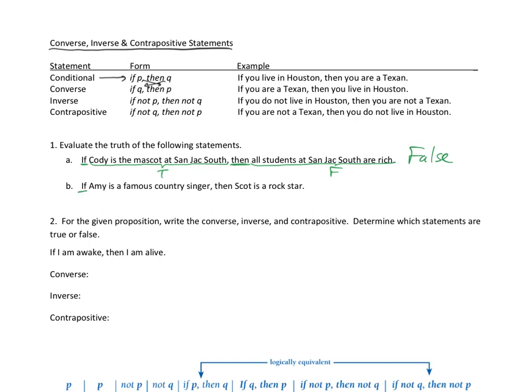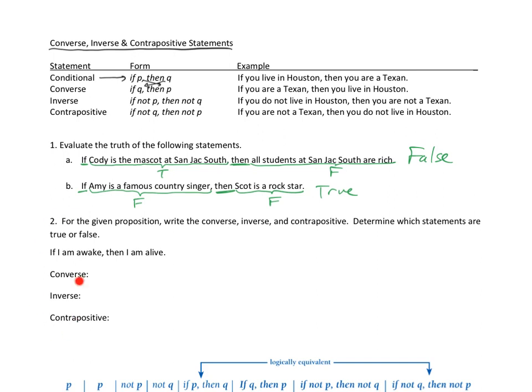Let me underline the logical connector here, if-then. Remember, Amy is not a famous country singer, so that is false. This proposition, then Scott is a rock star, that is also false. And if we have a false hypothesis, then the entire statement is true.